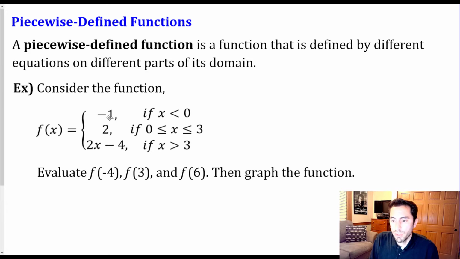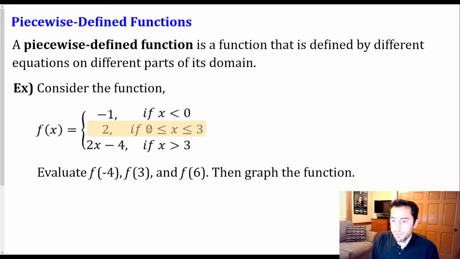So the first one, my function is defined as -1, so that's a horizontal line, for everything that is x such that x is less than 0. So everything from 0 to negative infinity is defined by this first equation. Once I get to 0, it makes a switch.